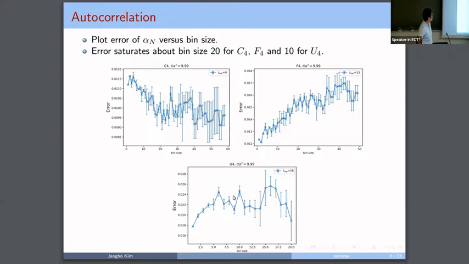The first one should increase indeed as well, check that. But you cannot increase the error if you increase the bin size. Yes, okay, we will check it.